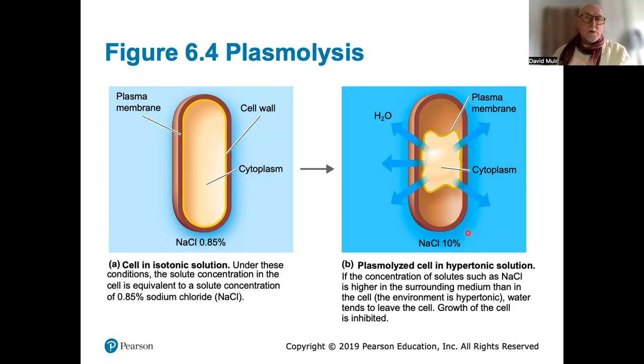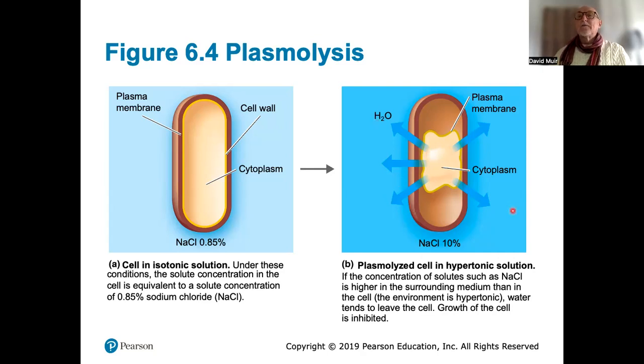But cells may also be transferred to hypertonic situations. Under those situations, for example, if you take a normally adapted environmental bacteria and you drop it into a solution which has a high number of salts, here they are using sodium chloride at 10%, which is very high, what is going to happen is the water is going to flood out of the cell.